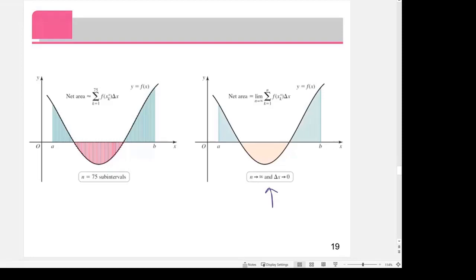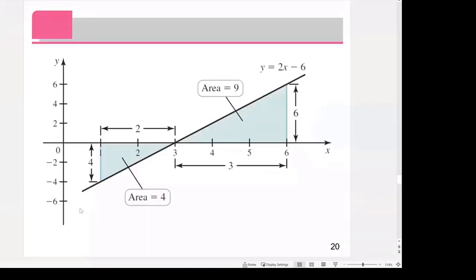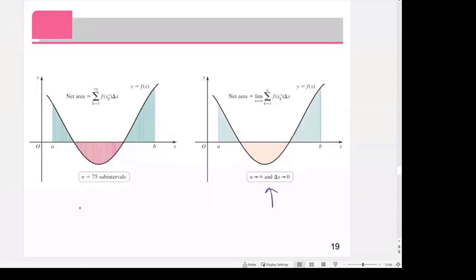When n goes to infinity, we're basically taking a line, and then putting another line right next to it, and another line right next to it. A line really has no width, so n goes to infinity and delta x becomes closer and closer to 0. Notice how when n goes to infinity, we have the actual area of the curve.